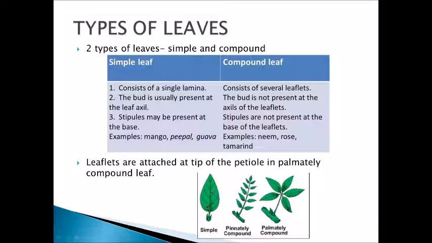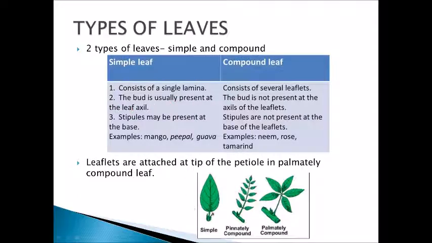On the other hand, if you see, this is a compound leaf in which this structure is not intact here. So here the lamina is divided into small leaflets, and such a leaf is called a compound leaf. The bud is usually present at the leaf axil.